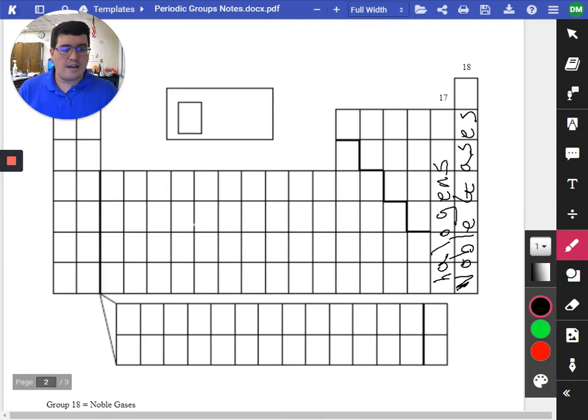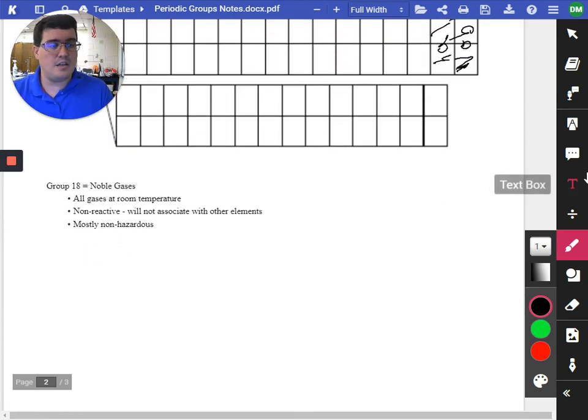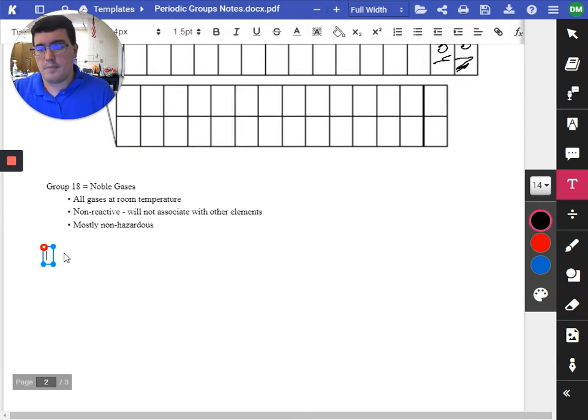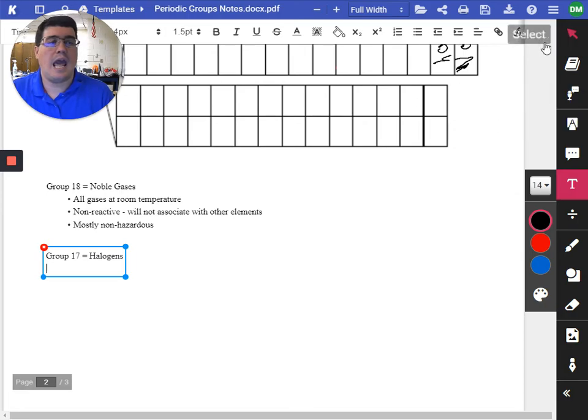You're going to notice there's a lot of gen names on the periodic table. Gen comes from a Greek root meaning to make from. And group 17 is known as the halogens because halo means sea or ocean water. The first halogen discovered was chlorine, and it was actually isolated from salt water, from seawater, from ocean water.